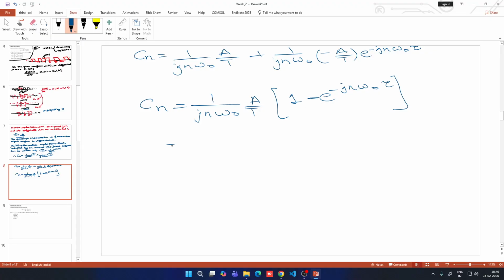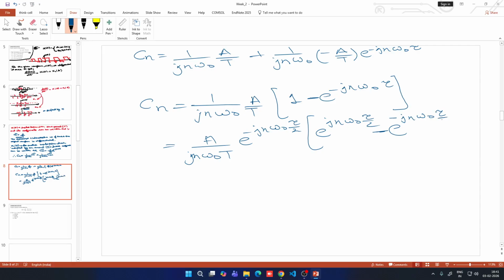So we can do one thing here. We can take A by j n omega naught t and take e to the power minus j n omega naught tau by 2 as common. So here this 1 will become e to the power j n omega naught tau by 2. If we multiply them, it is 1. So that's what we have done. And here this will become minus e to the power minus j n omega naught tau by 2.